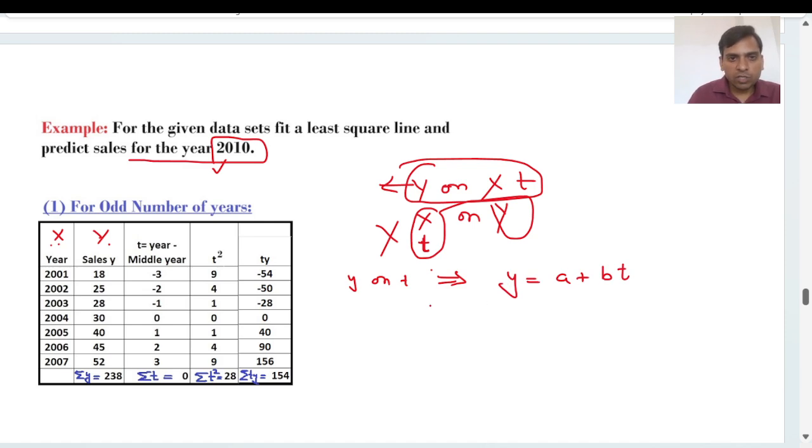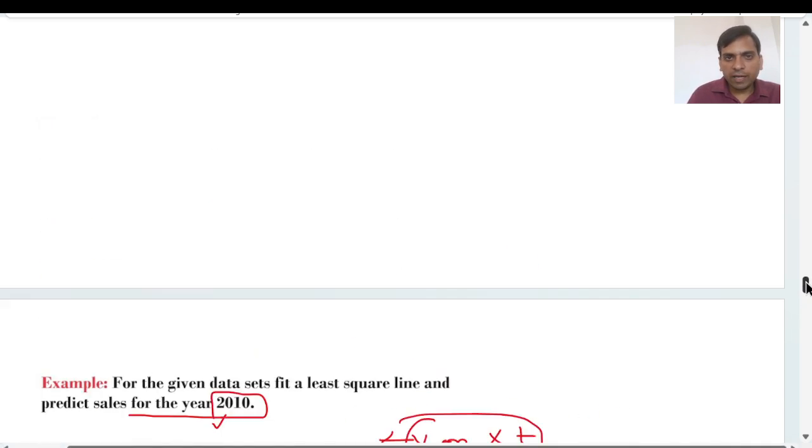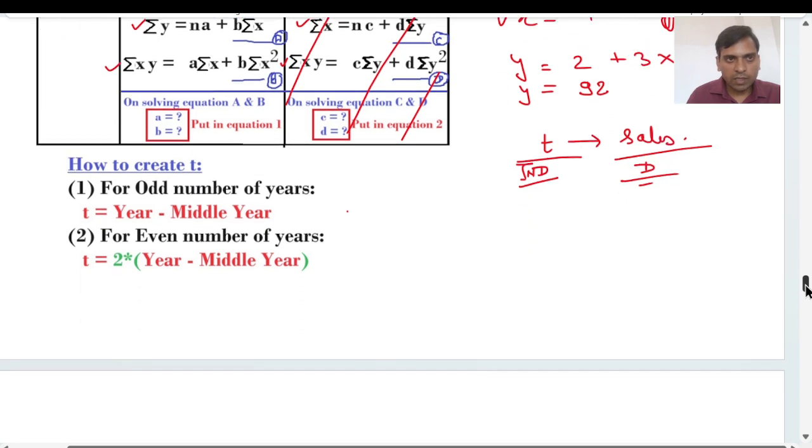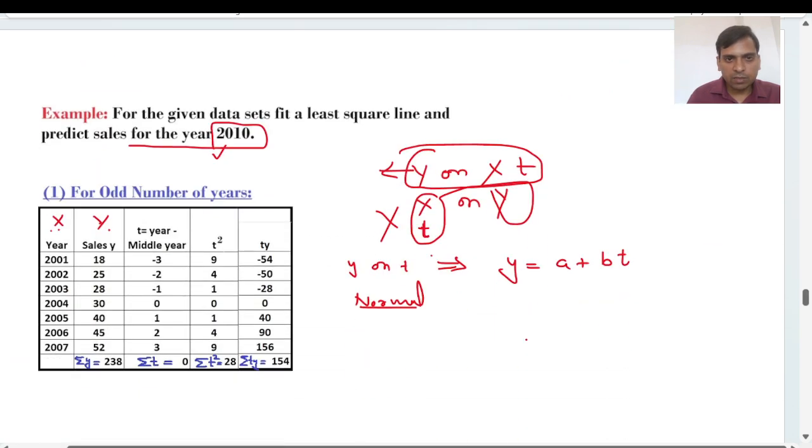And for this equation Y equals a plus bt, we had these two normal equations. I am copying these equations. The first equation is summation Y equals na plus b summation x, where x is replaced by t. So we can write this equation as summation Y equals na plus b summation t.